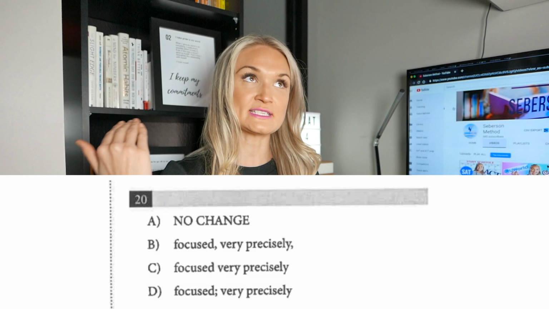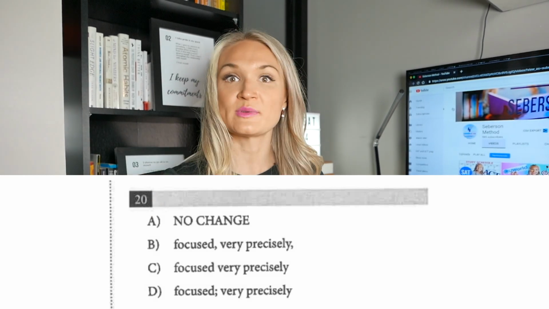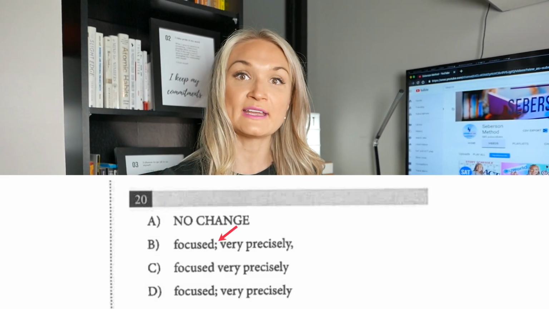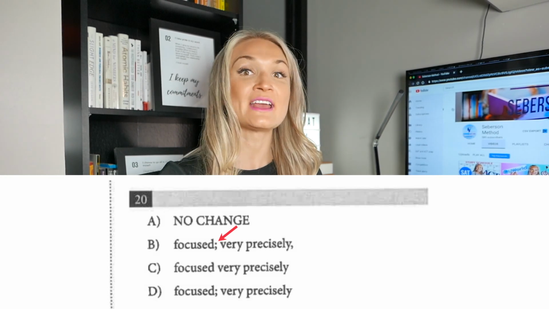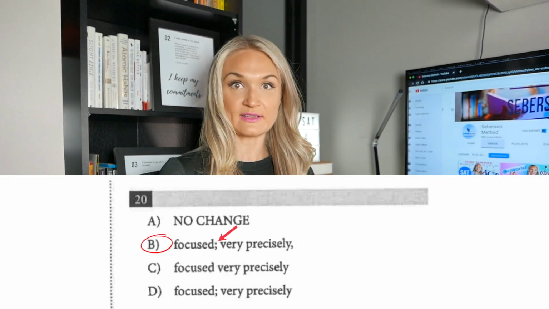But what untrained test takers do and end up making stupid errors is they read the question, they immediately think of the answer, oh, okay, that might work, and then they look for A, B, C, D. They look for something that they think is correct, and let's say they think, oh, there should be a semicolon here, and they find the answer choice that has a semicolon in it, they pick B, and they move on to the next question.